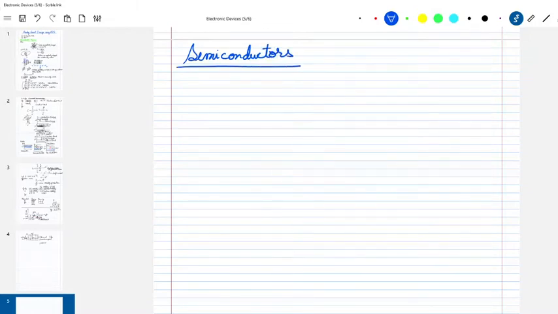Now we know that semiconductors are either elemental form of semiconductors, for example silicon and germanium. Carbon is not used. Then you have compound semiconductors.